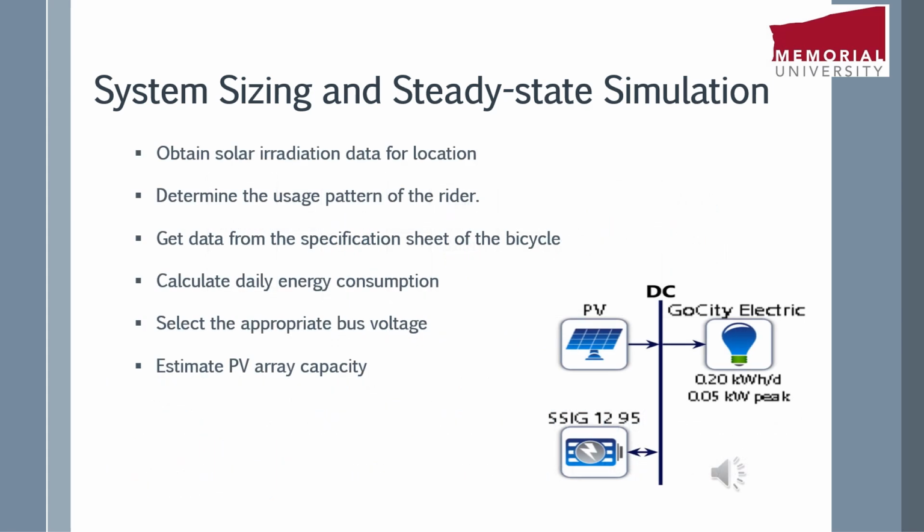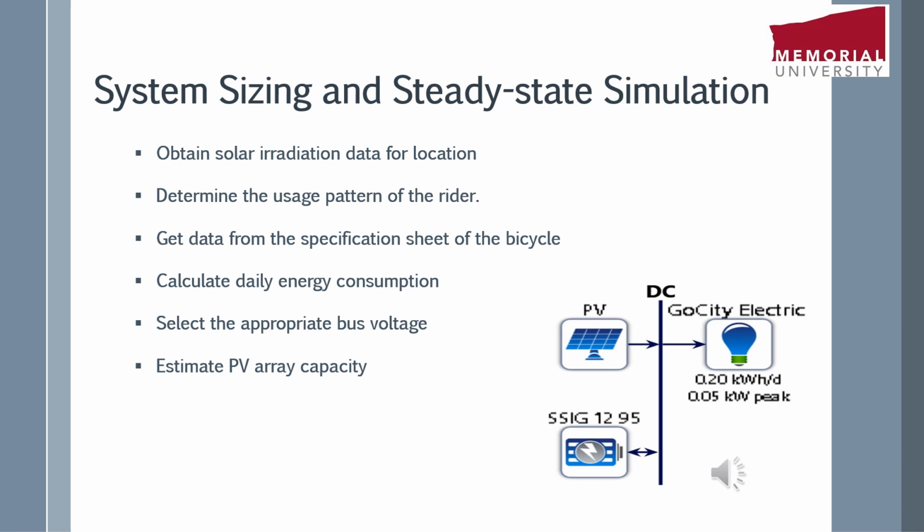We downloaded solar irradiation data for St. John's on HOMER Pro. We also got the specification sheet of the Go City electric bicycle, from where we calculated the energy stored in its battery, and then we got the daily distance traveled by the rider using Google Maps, and then calculated the daily energy consumption and annual energy consumption.